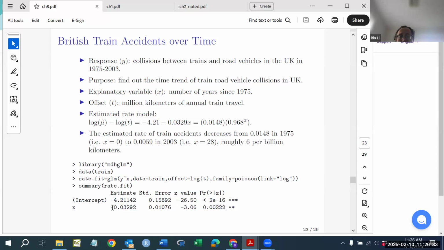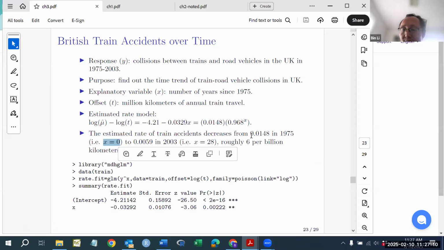So how can we interpret the slope? You can see the slope is negative 0.0329. When X is 0, that is 1975, the estimated rate for train accidents is 0.0149. I just plug in X equals 0, and that gives us the rate.